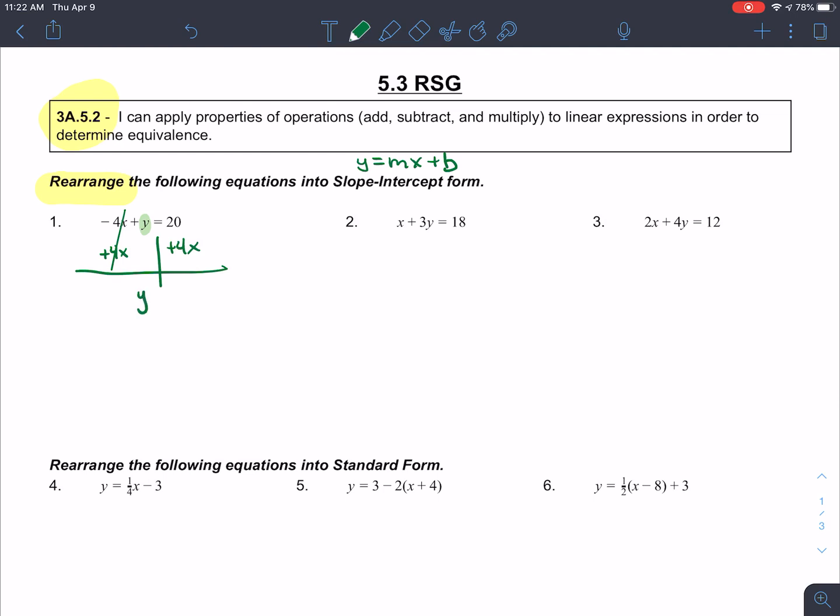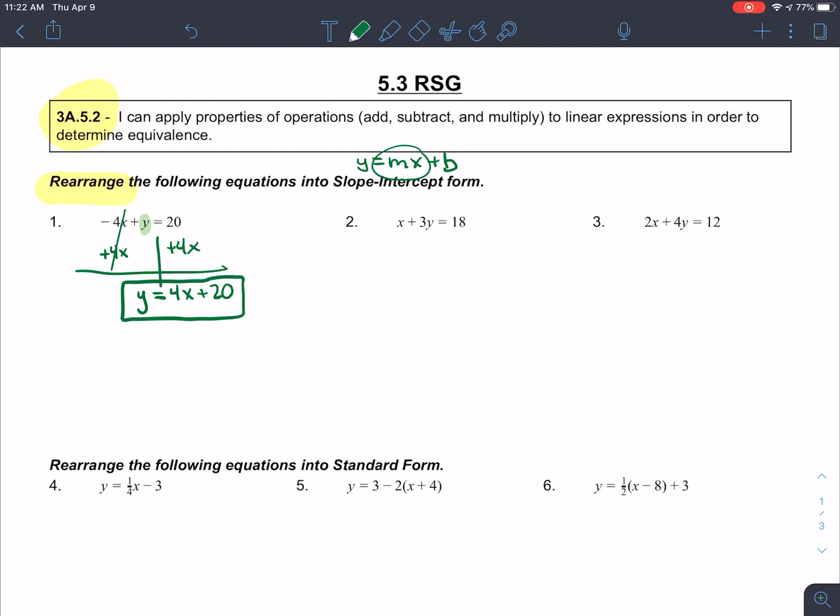It will also get y all alone. So y equals, and then it doesn't really matter in this case because they're both positive. I would tend to put the 4x first because x comes first in our slope-intercept form, okay? And so now I would be done with that problem.